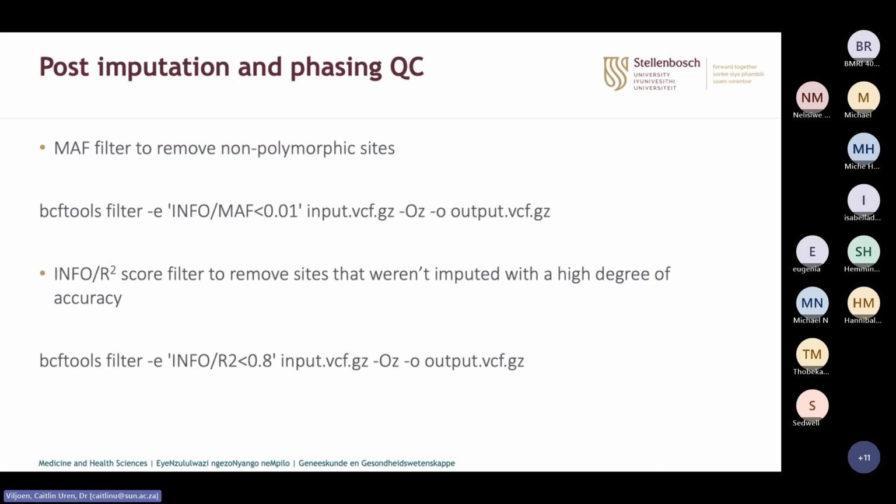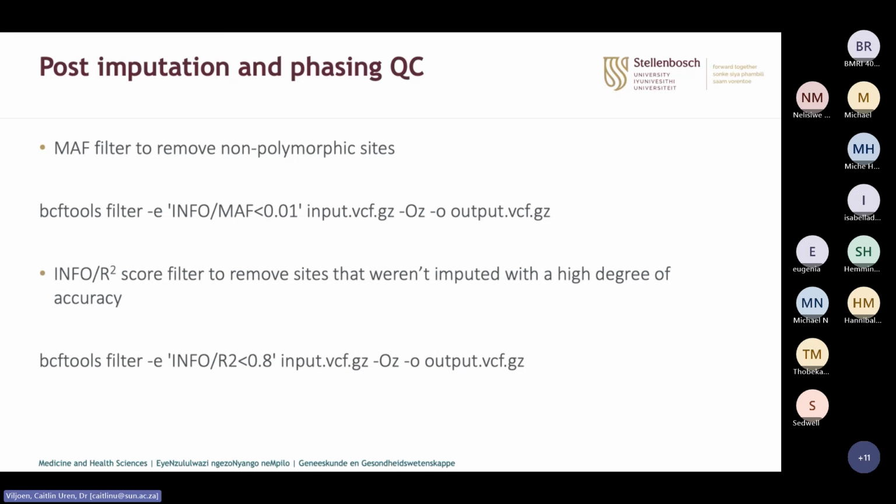So again, similar to what Dana was mentioning, you can do this to remove monomorphic sites, or you can do a standard MAF filter. Here you'll see in the command that we use 0.01, so it's completely up to you. We will be using 0.01 for the workshop.